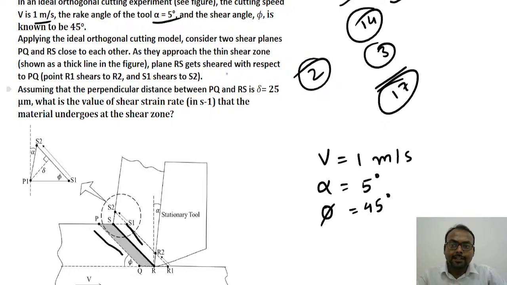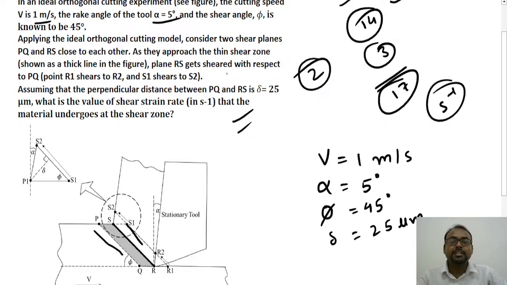Now, assume that the perpendicular distance between PQ and RS is delta. This delta is basically the shear plane thickness, given to be 25 micrometer. What is the value of the shear strain rate that the material undergoes at the shear zone? That is what we have to find out, and its unit is second inverse.